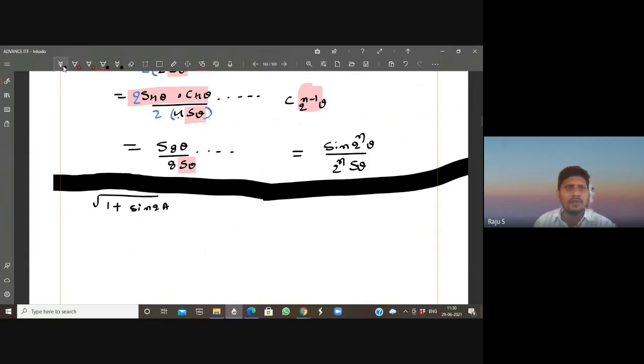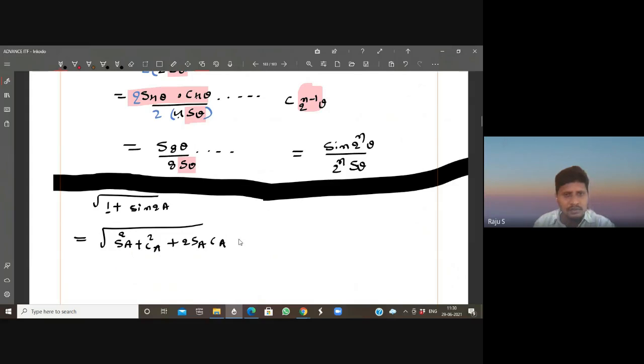Shall I write 1 as sine square a plus cos square a? And sine 2a formula is 2 sine a cos a.